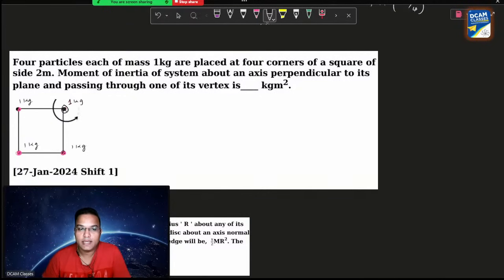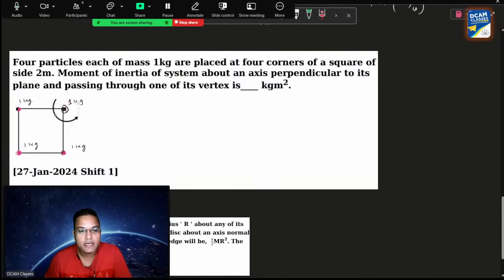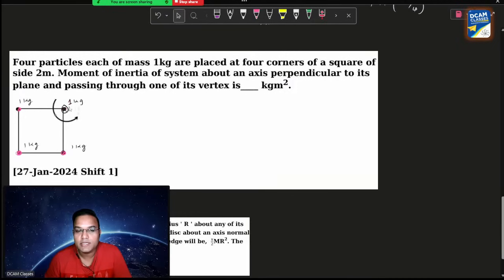Now see, for this 1 kg, which is present right at the axis, there won't be any moment of inertia because its distance from the axis is 0. This 1 kg is at a distance of 2 meters, so its moment of inertia will be 1 into 2 square. For the bottom mass, it is again a 2 meter distance from this axis, so 1 into 2 square.